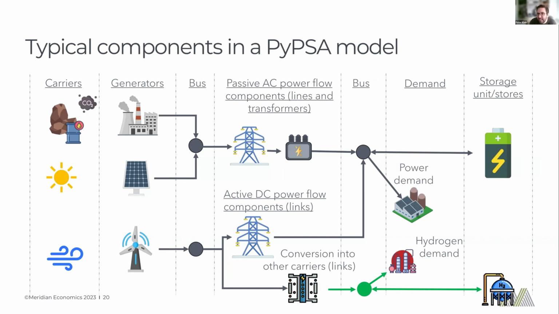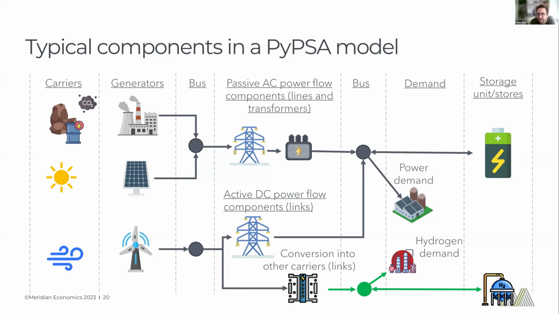Finally, you can also have storage devices, or stores. A storage unit itself you can think of as an integrated system. If we focus on batteries, it includes the power conversion electronics to go from AC to DC and charge the battery, then the actual energy storage component itself, and then the power electronics to discharge the battery again.